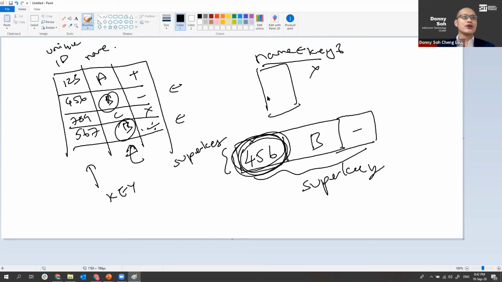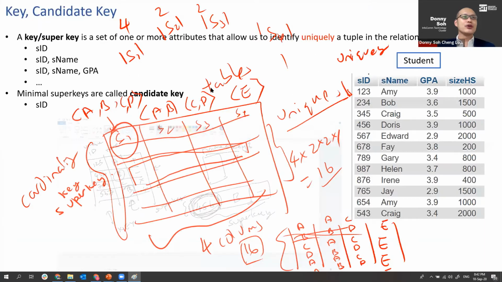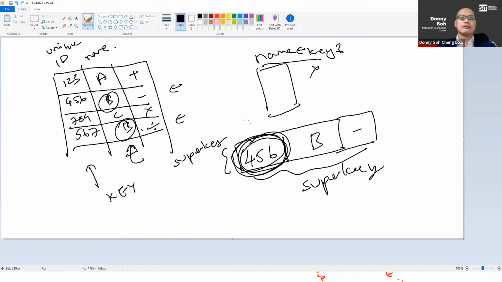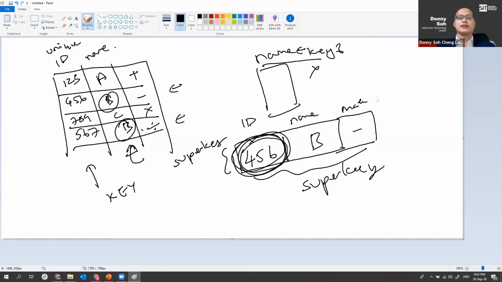So here we talk about what the key is. Earlier we said that this ID, my name, and this may be the symbol, this entire thing is a super key, because one of these is a key. So this entire thing is able to uniquely identify a particular role. So a candidate key is the minimal number of attributes that is able to uniquely identify a role.